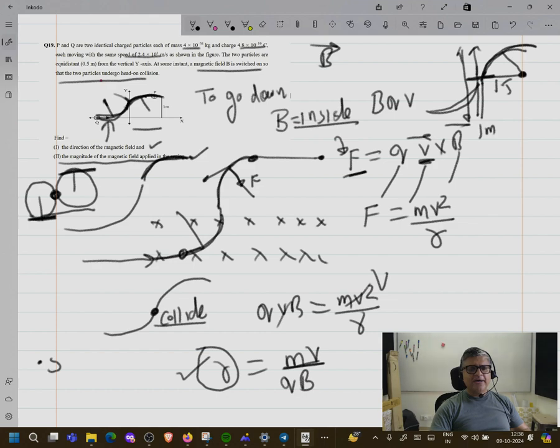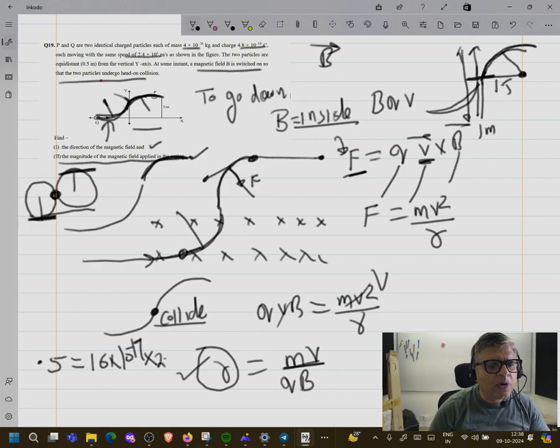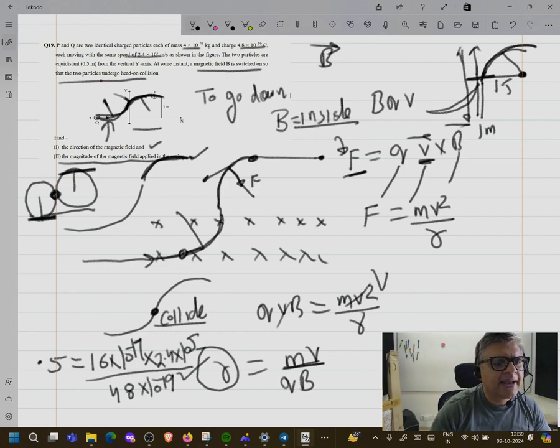So 0.5 is equal to the mass of the electron multiplied by the velocity, which is 2.4 into 10 raised to power 5, divided by the charge, 4.8 into 10 raised to power minus 19, and B in the denominator. Sorry, the value of B has to be put, which is what we need to find.